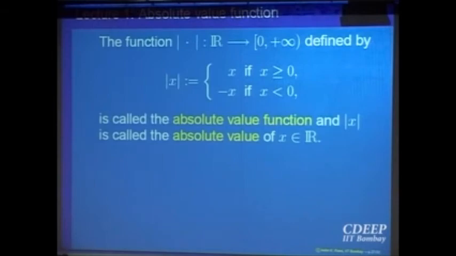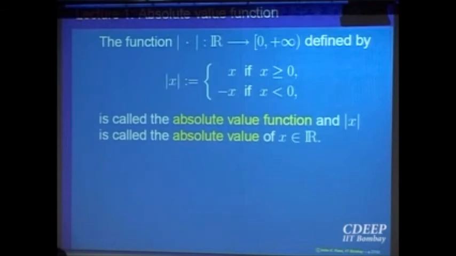Intuitively, the geometric idea of distance. X is a point on the line. You want to say its distance from the special point 0. Physically a distance is always a non-negative quantity. Whether it is on this side or that side doesn't matter. Distance is always the same.